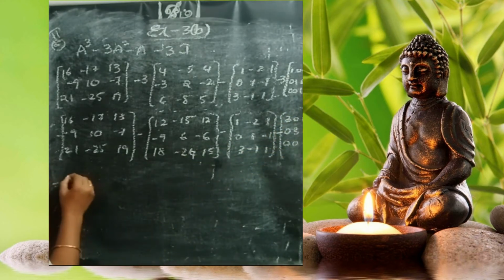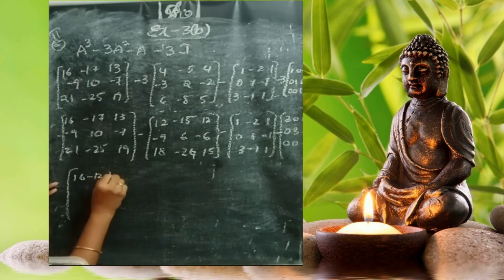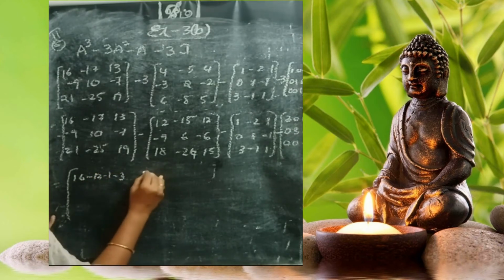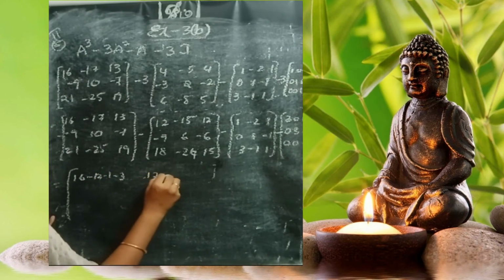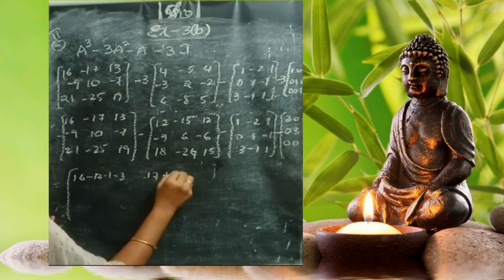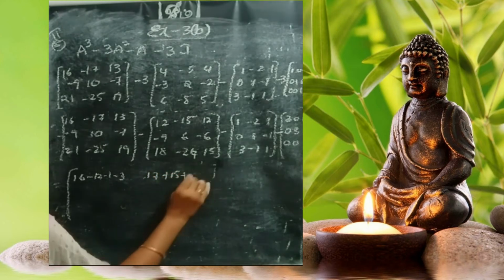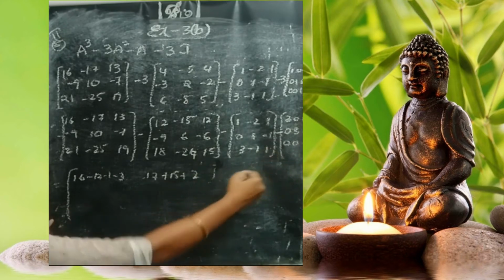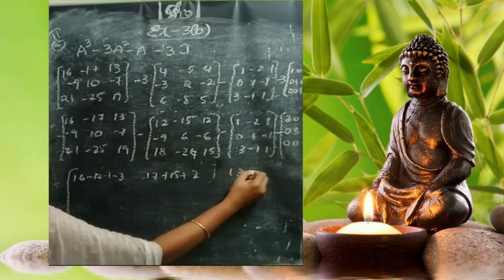Okay. Now 16 minus 12 minus 1 minus 3, minus 17 plus 15 plus 2. Here there is 0, so leave that 0 value.